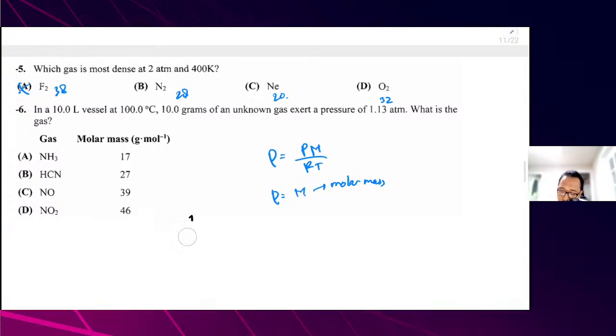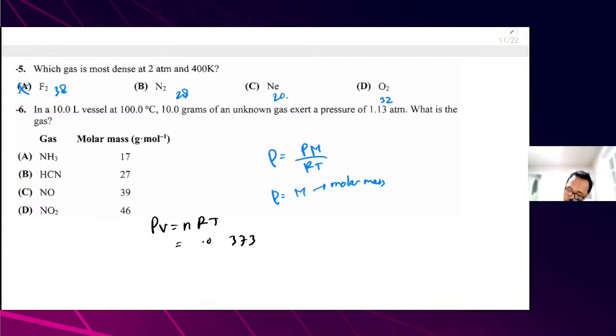So what we're going to do is pretty simple. To find what the gas is, we need to know the molar mass. Now let's just use PV = nRT. We have 100 plus 273, so 373.